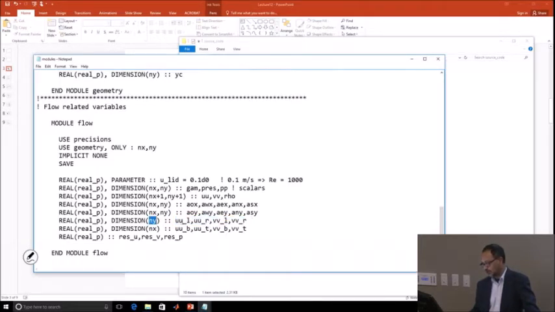For U left, right, V left, right, I have times ny, and for top and bottom, it's times nx. And then these are just single scalar numbers that I've defined. So this is the data structure that I was talking about, that you need to set appropriate dimensions for your U and V velocities. Any questions so far?